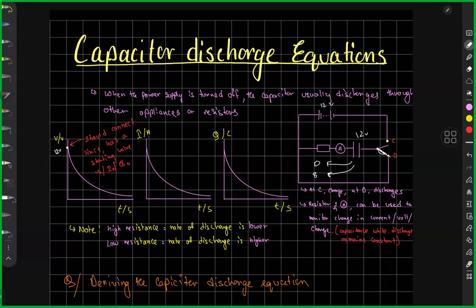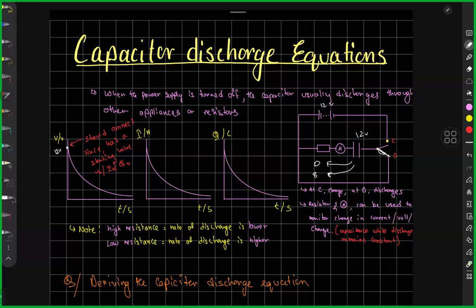It is a similar logic we applied when the charging of a capacitor was taking place. So the discharge is also a typical e to the power minus x curve. So it decreases with decreasing gradient.